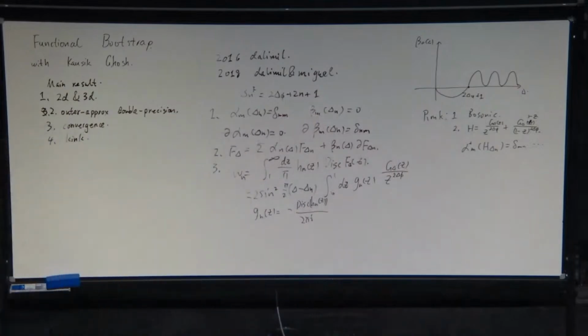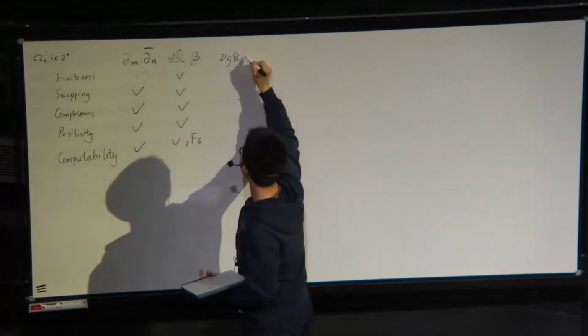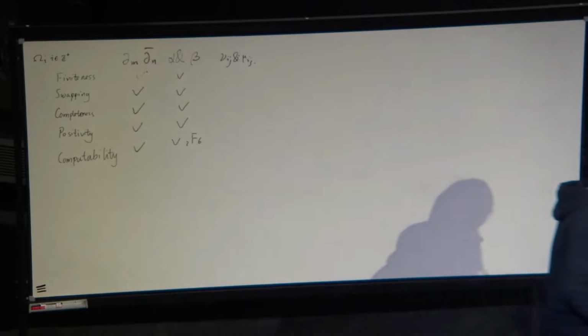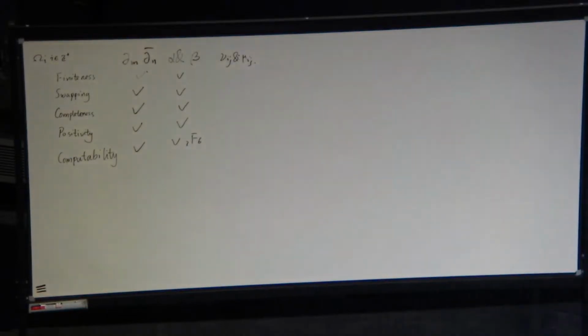And for higher D, the most well-known basis, I would say, is the nu_IG and mu_IG from the seminal work on dispersive sum rules.